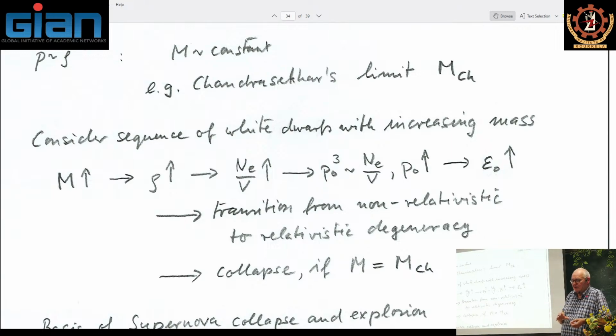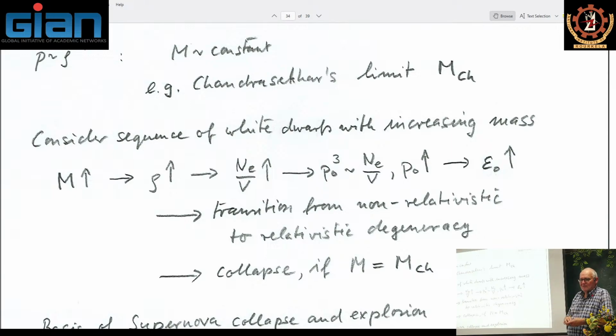So the interior of these white dwarfs may consist of carbon and oxygen. There are helium white dwarfs, which have ended their life, or which have become degenerate before helium burning is ignited. So there is a variety of white dwarfs: helium white dwarfs, carbon-oxygen white dwarfs, neon-magnesium white dwarfs, and so on.